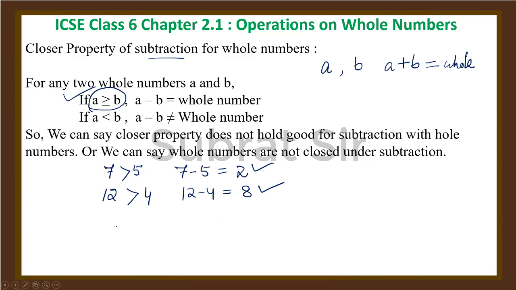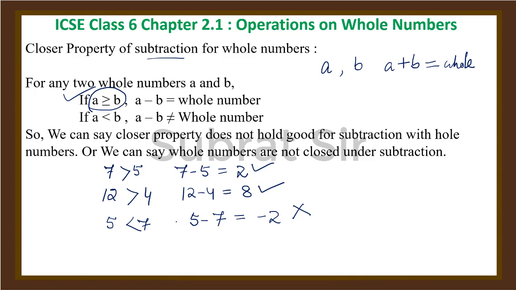But we will take an example where a is less than b. Let a be 5 and b be 7. So now a is less than b. If we try to subtract 7 from 5, so 5 minus 7, the result is minus 2, which is not a whole number.